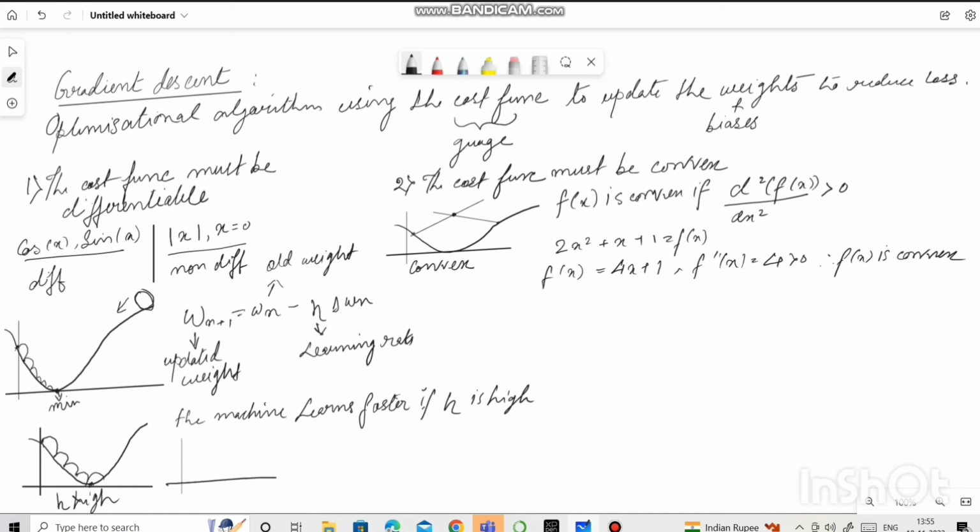Now, what happens if we have a very low learning rate? The jumps in that case will be very small. So, a very low learning rate leads to very slow learning, and it might end up not reaching the minima altogether. It might just die out.